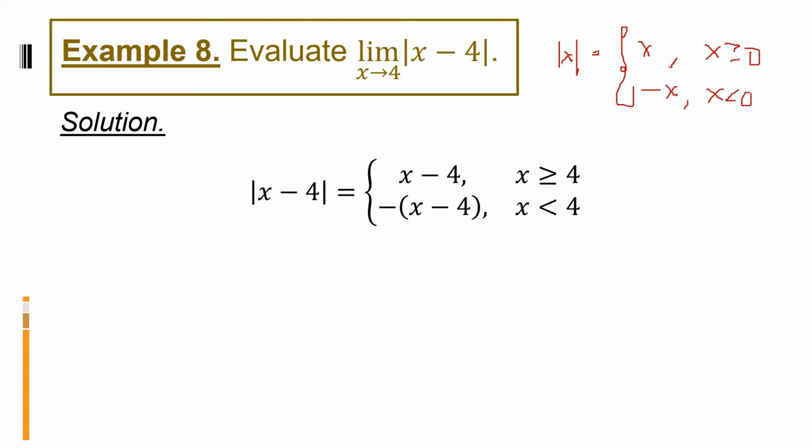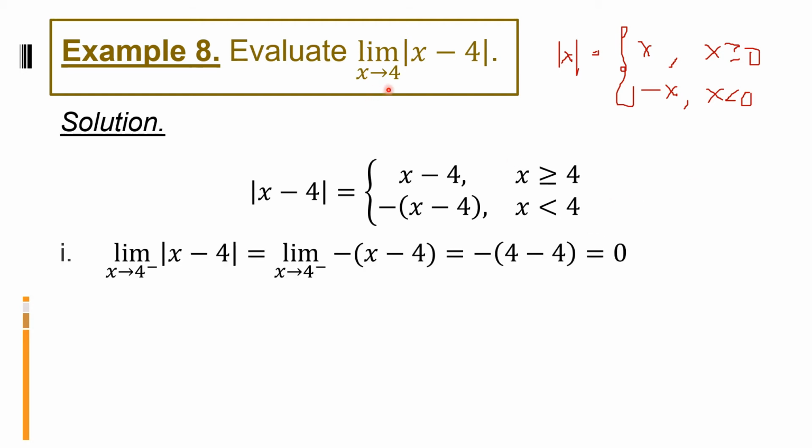With that definition, then we define the absolute value of x minus 4 to be x minus 4 whenever x is greater than or equal to 4, and the negative of x minus 4 whenever x is less than 4.